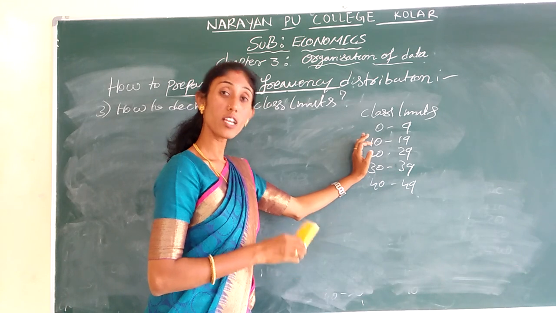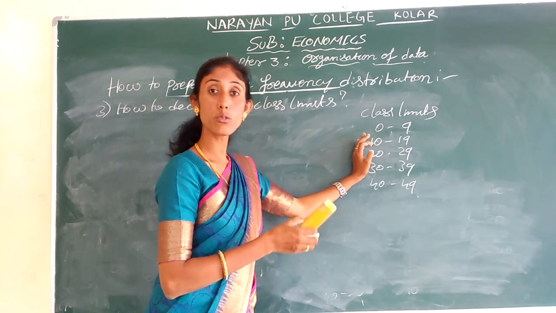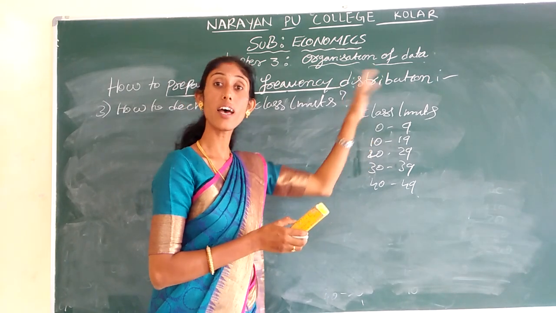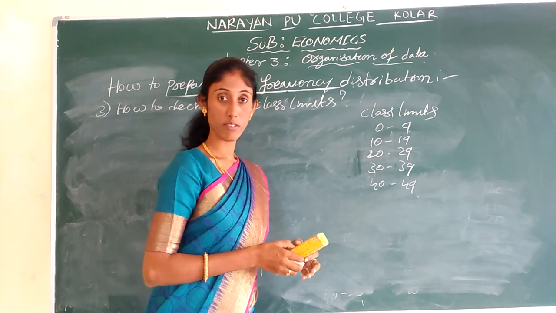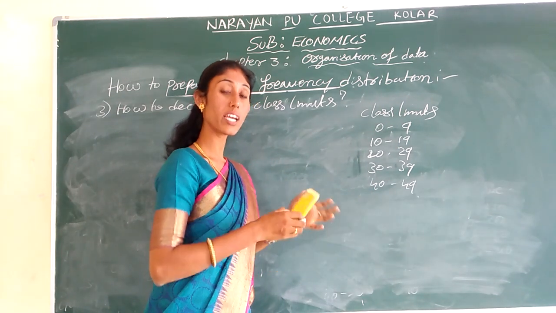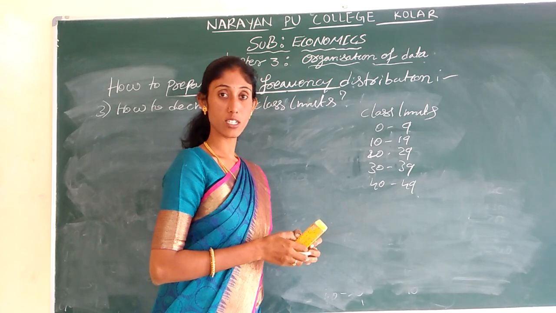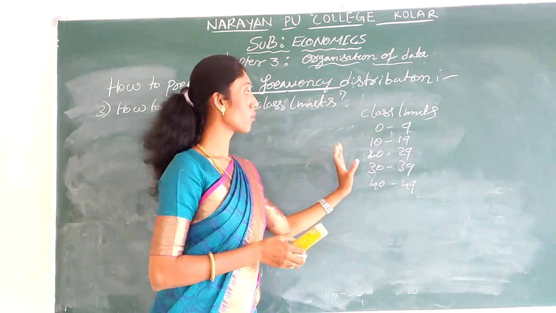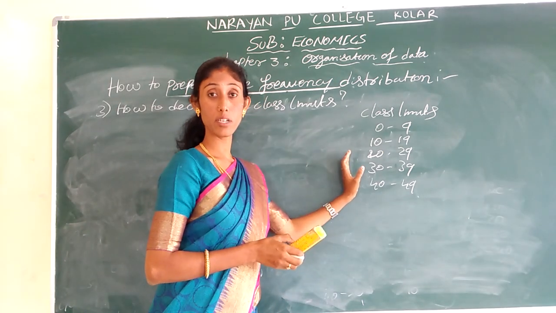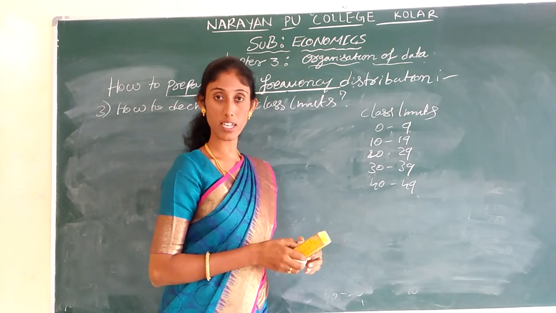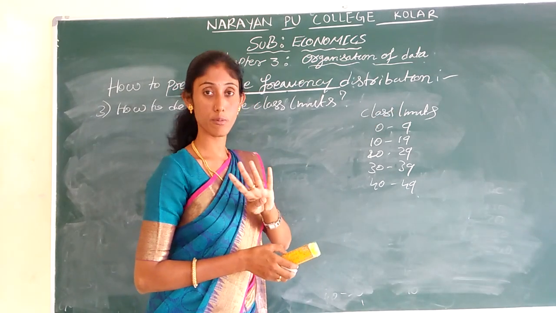That's why we need to convert the inclusive method of class limits into an exclusive method. We need to make an adjustment in the class interval. To convert the inclusive method of class limits into the exclusive method, there are four steps.